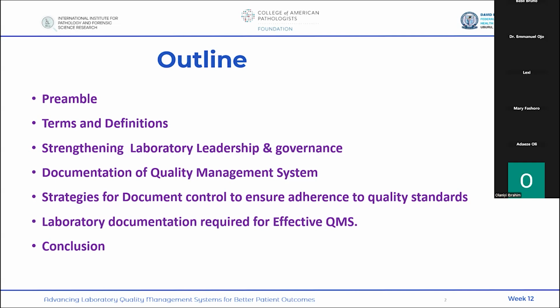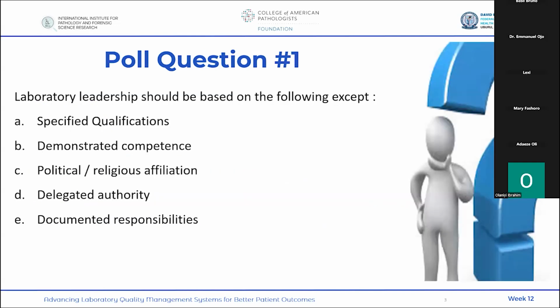Which levels of QMS documents are we expected to have in our various laboratories? Then we will also look at strategies for document control to ensure adherence to quality standards. It's a requirement of ISO. So we'll look at all of this, and then we'll see how these three help us to have an effective quality management system.